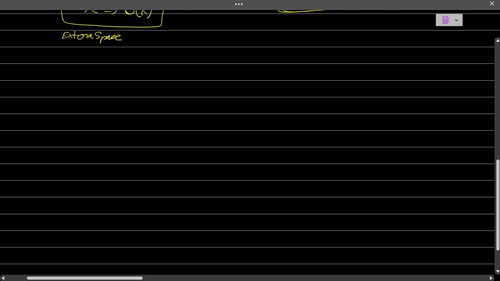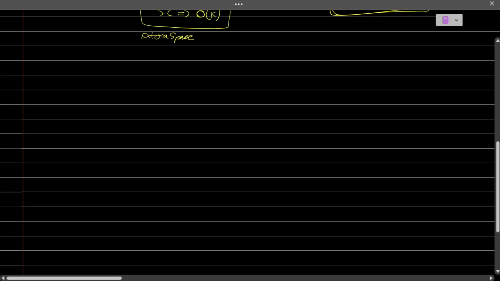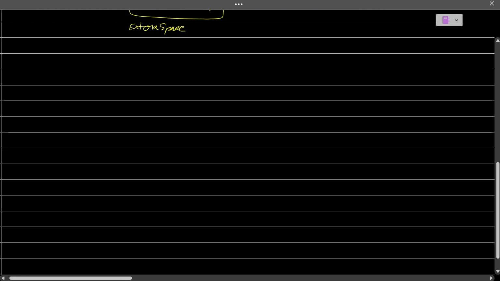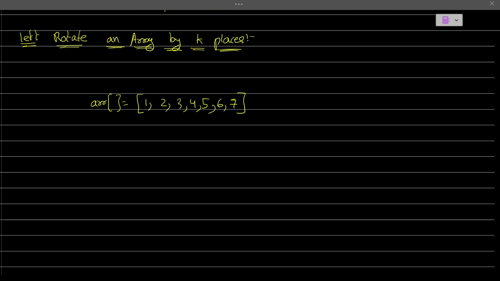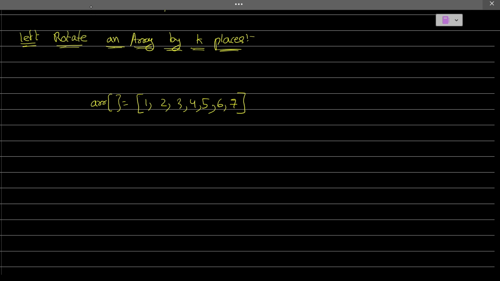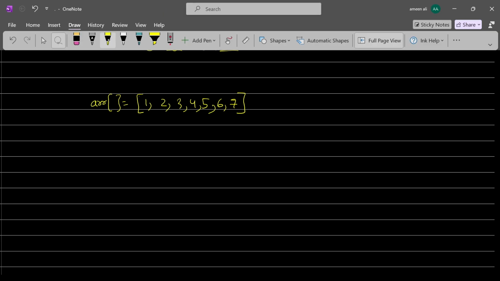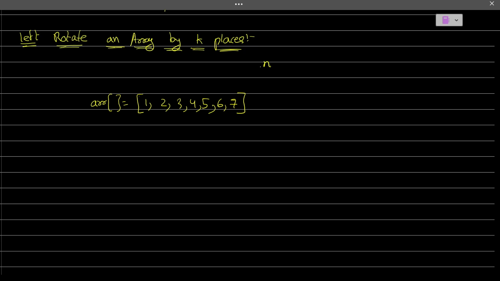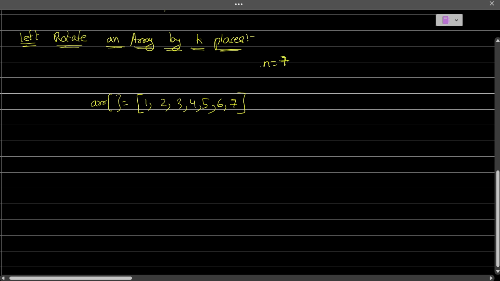So let's look at the optimal solution. Here the given size of the array is n equal to 7, then k equals to 3, right? Okay.